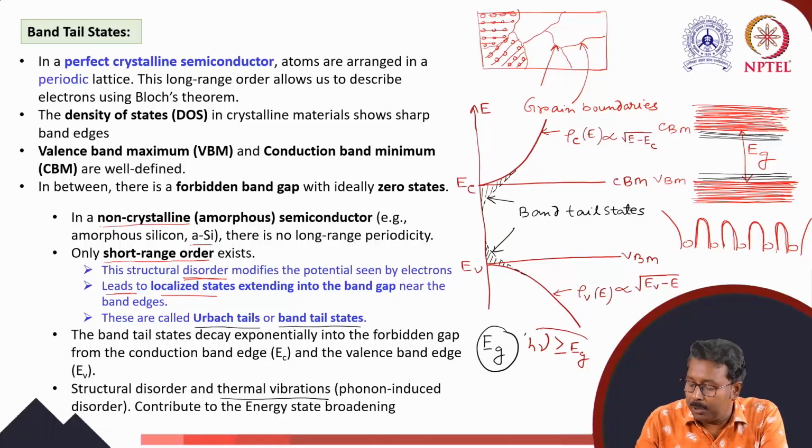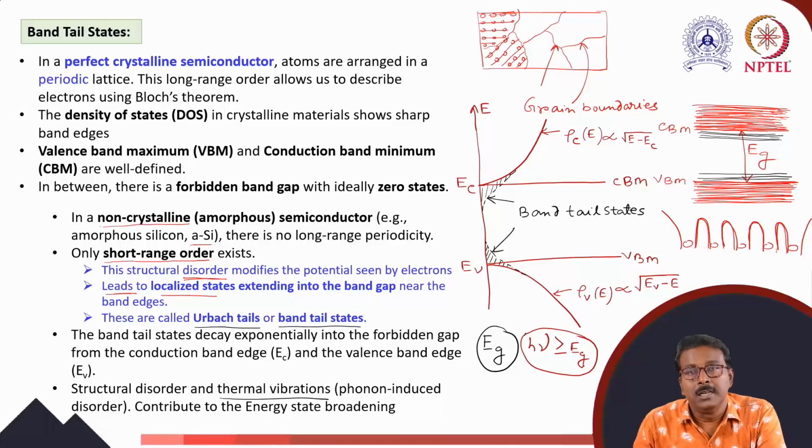So a photon with energy greater than the band gap energy can be absorbed by a material. But here ultimately the gap between the energy states becomes lower than Eg. So some lower energy photons can now be absorbed by amorphous material.